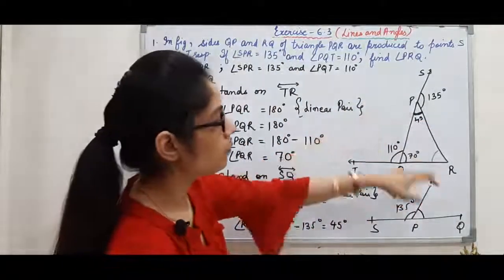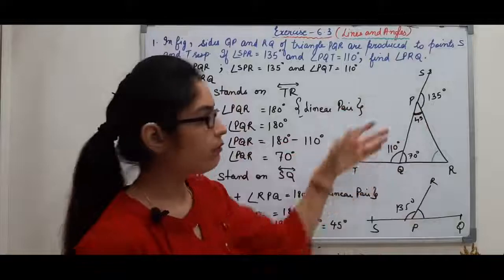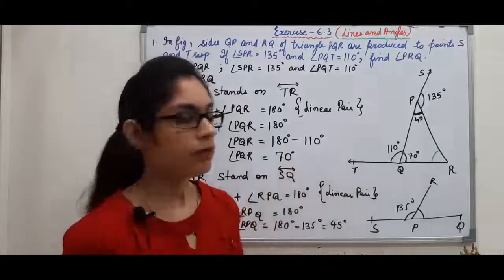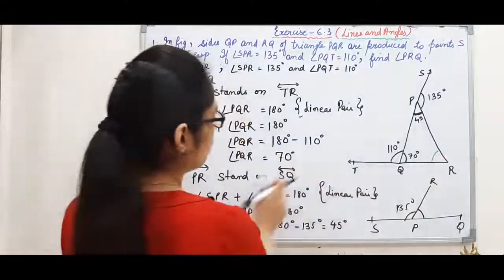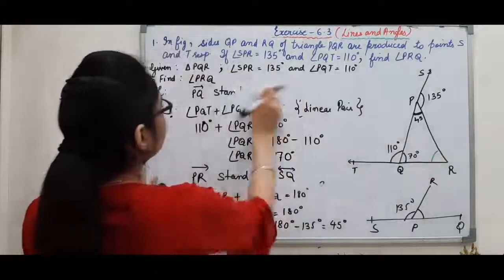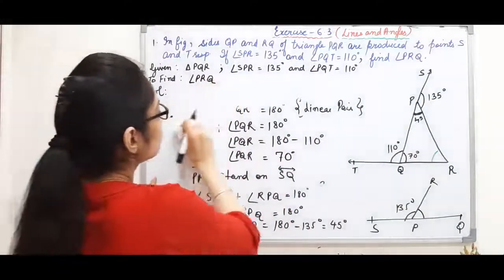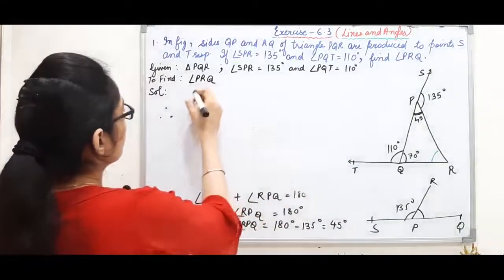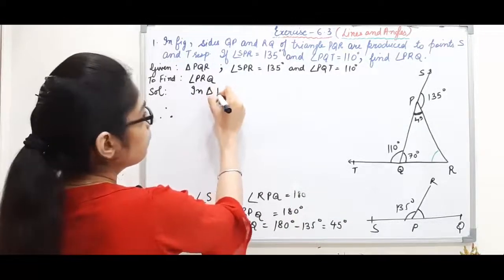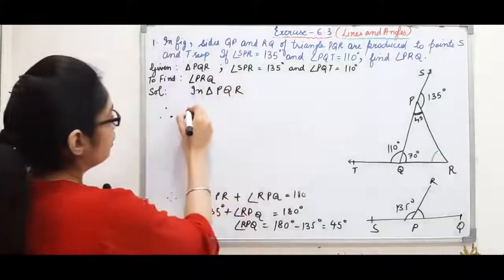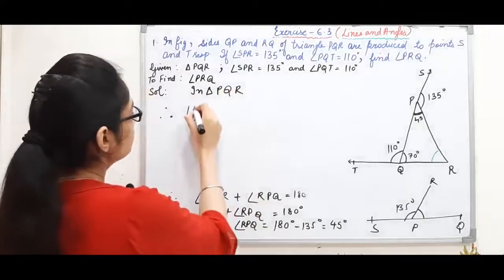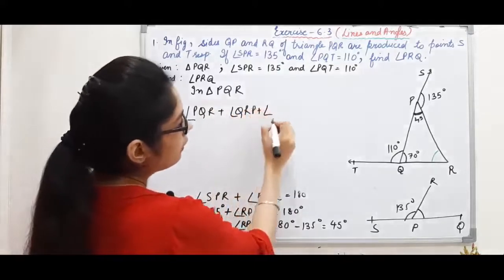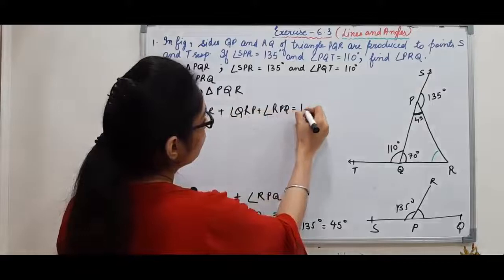Now we have two angles. We have angle P in this triangle, and we know the value of angle Q also. So we can use the angle sum property of a triangle to find the value of angle R. So here in triangle PQR, we can mention angle PQR plus angle QRP plus angle RPQ is equal to 180 degree.